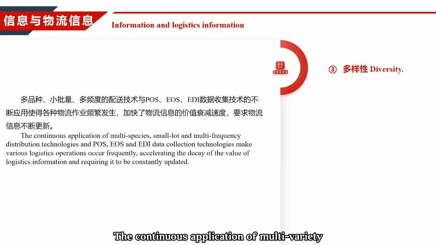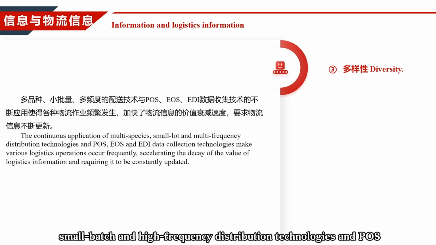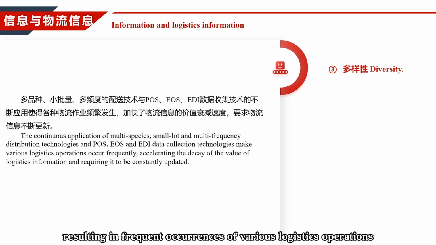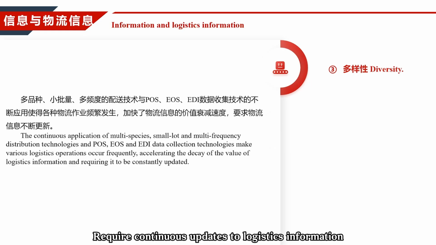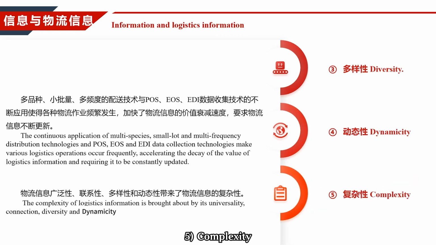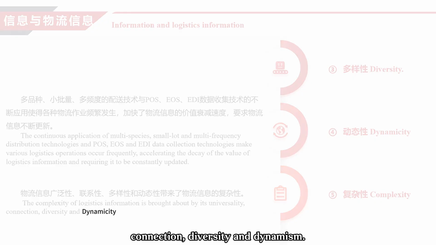The continuous application of multivariety, small batch and high-frequency distribution technologies in POS, EOS and EDI data collection technology results in frequent occurrences of various logistics operations, accelerates the value decay rate of logistics information, and requires continuous updates to logistics information. 4. Dynamism. 5. Complexity. The complexity of logistics information is brought about by its universality, connection, diversity, and dynamism.